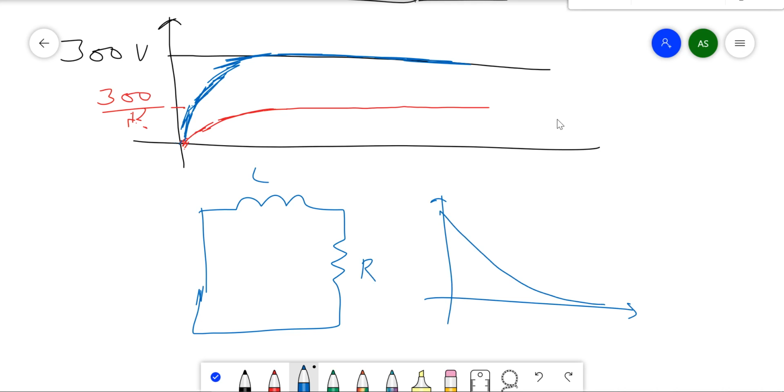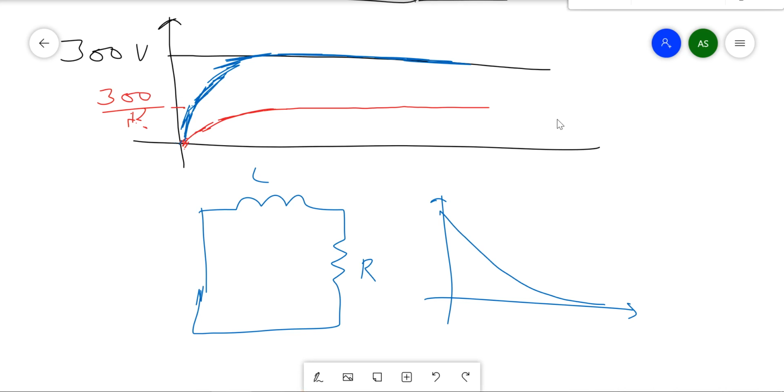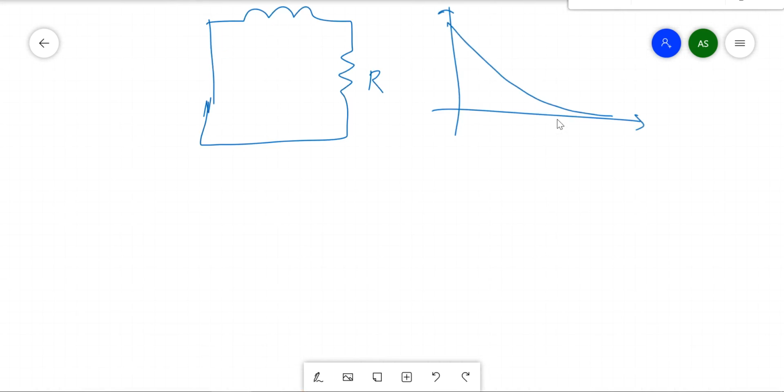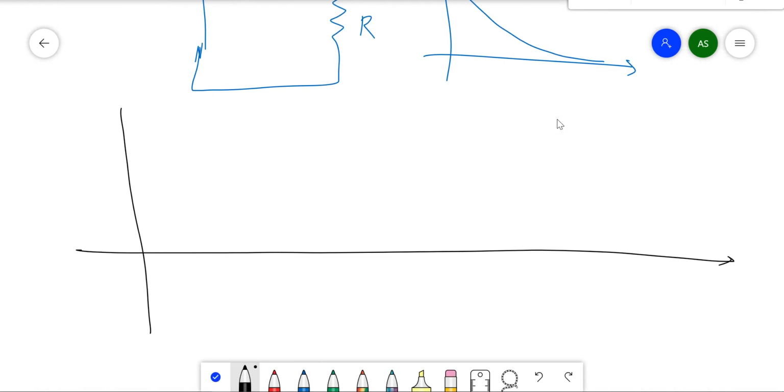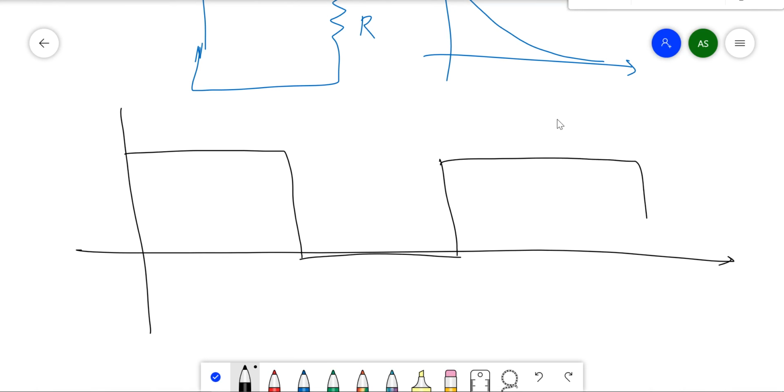Okay, so the overall response: the current will start from 0, it will reach a particular value, and that value will depend on the time constant of the circuit and the frequency of this applied voltage.